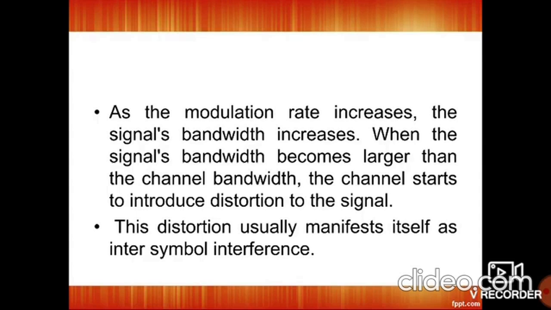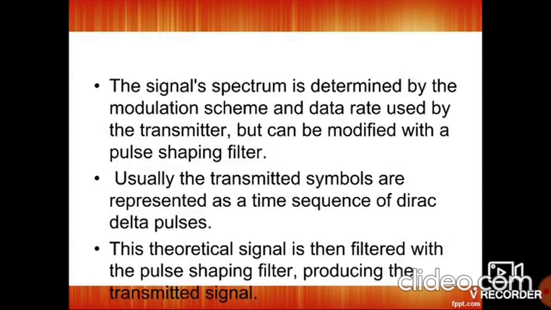Whenever the signal bandwidth is greater, it produces distortion in the signal. This distortion is usually called inter-symbol interference. The signal spectrum is determined by the modulation scheme and the data rate used by the transmitter, which is modified to shape the pulse.